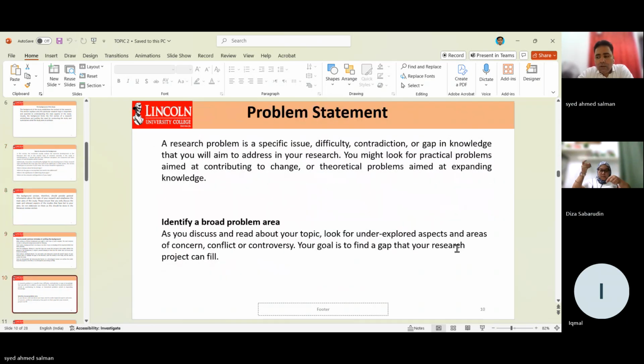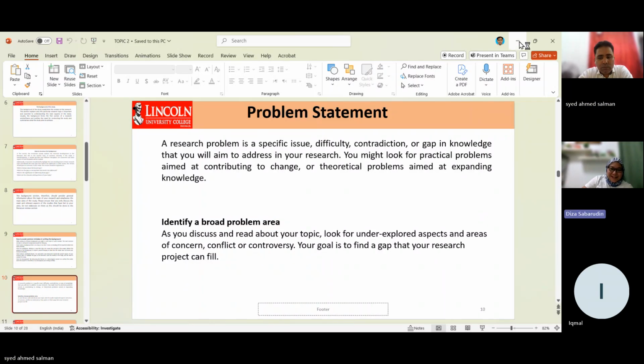So now we are moving towards the problem statement, okay? I understand that you have a brief idea about the problem statement. In these slides, we are going to understand the theoretical problem as well as the practical problem, okay? Are you with me? Yes, sir.